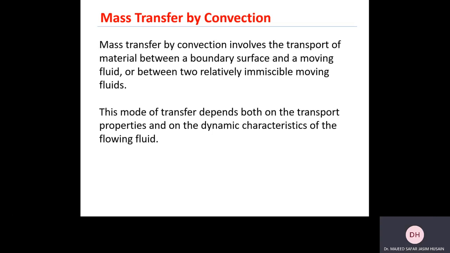So mass transfer by convection. Mass transfer by convection involves transport of material between a boundary surface and a moving fluid. You have taken fluid mechanics: in the pipe, when there is a fluid which is moving, near the surface there was a kind of boundary surface. So it is similar.